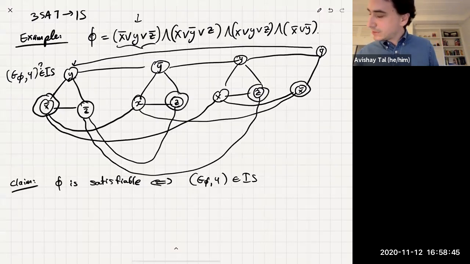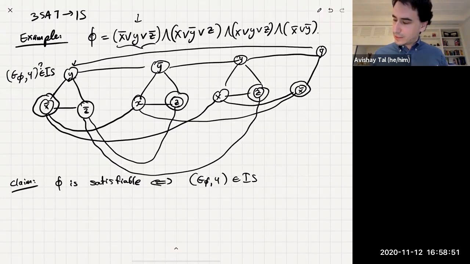So this is an independent set in this graph. Notice that from this independent set, I get the fact that I want x to be assigned to 0 and I want z to be assigned to 1. So this gives me a partial assignment in this case, because for y I didn't say what I need to set it to.